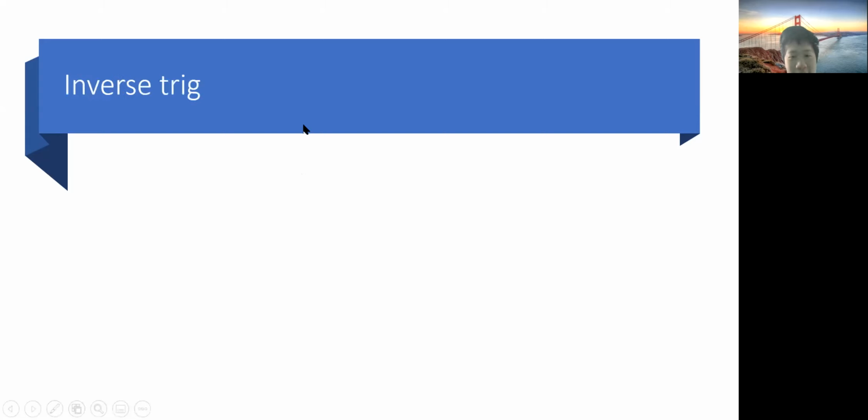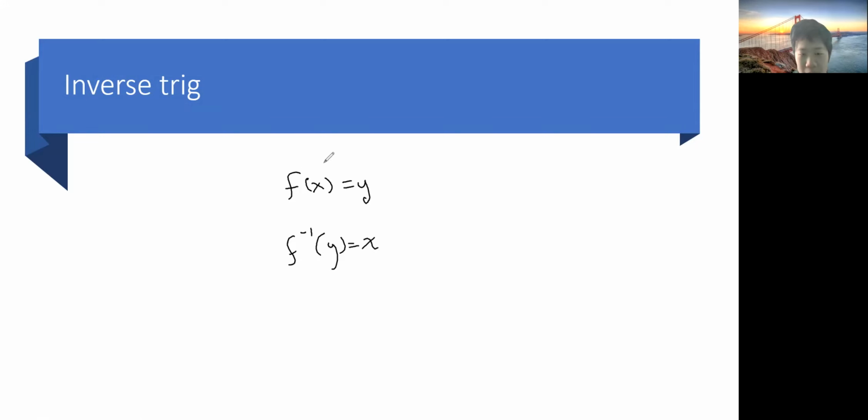So first, inverse trig. What does inverse trig mean? Well, let's say we take a function f of x equals y. If we take the inverse function of it, we can plug in y to get x. That's the definition of an inverse function.